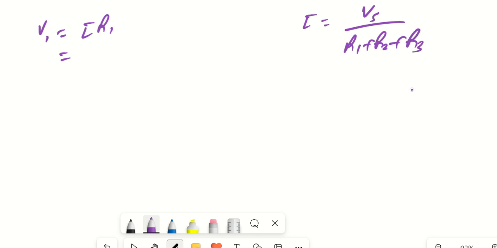So now you have a better idea: the voltage across any resistor can be found by the source voltage multiplied by that corresponding resistor divided by the total sum of resistance.